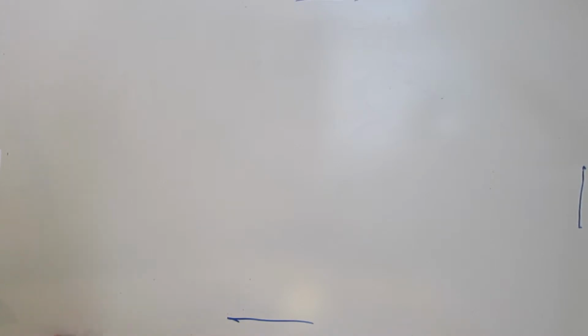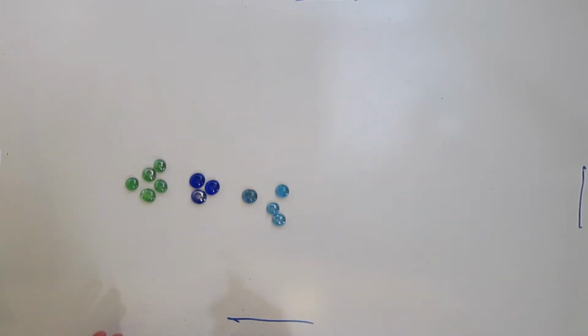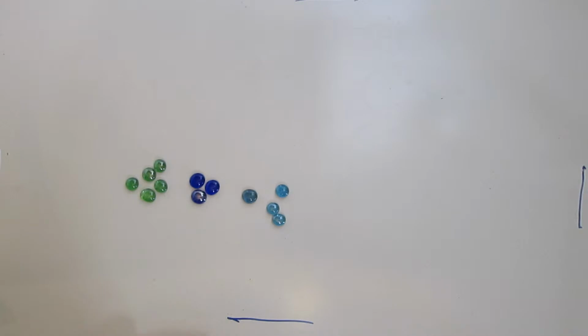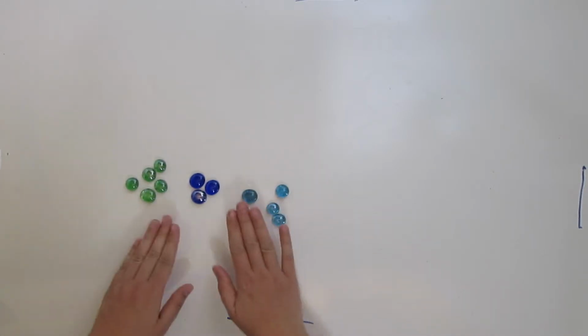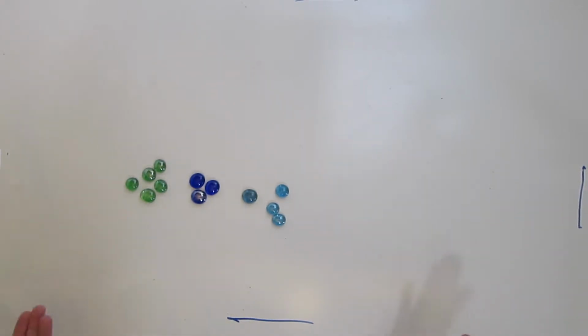And what I'm going to use, I just have some of these glass beads that I picked up at Dollar Tree. And you can use pretty much anything in your house that you have lots of. But for this video, I like having the different colors and the small sizes. You could also use Legos or marbles or pretty much anything, like I said, that you have lots of many different types.